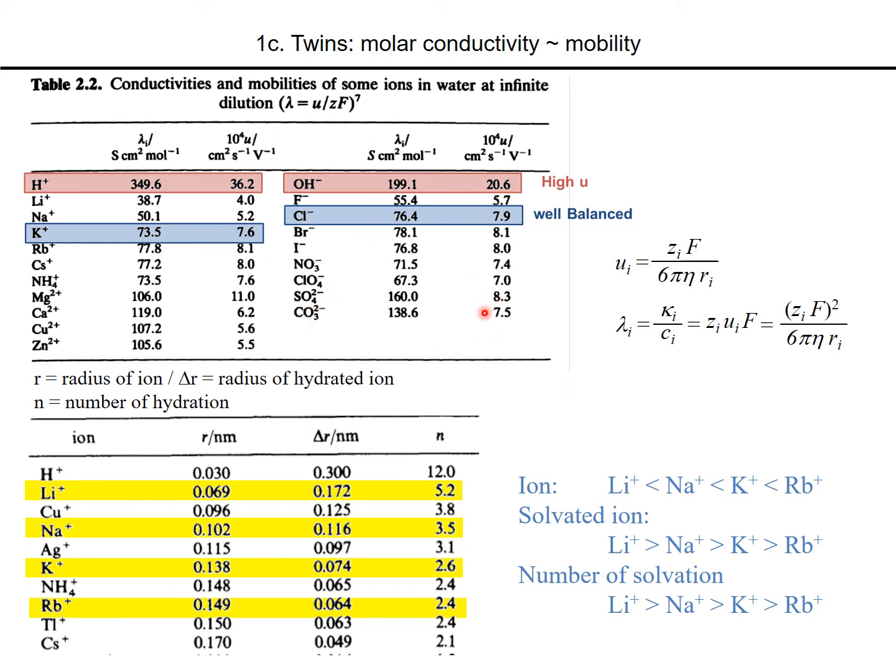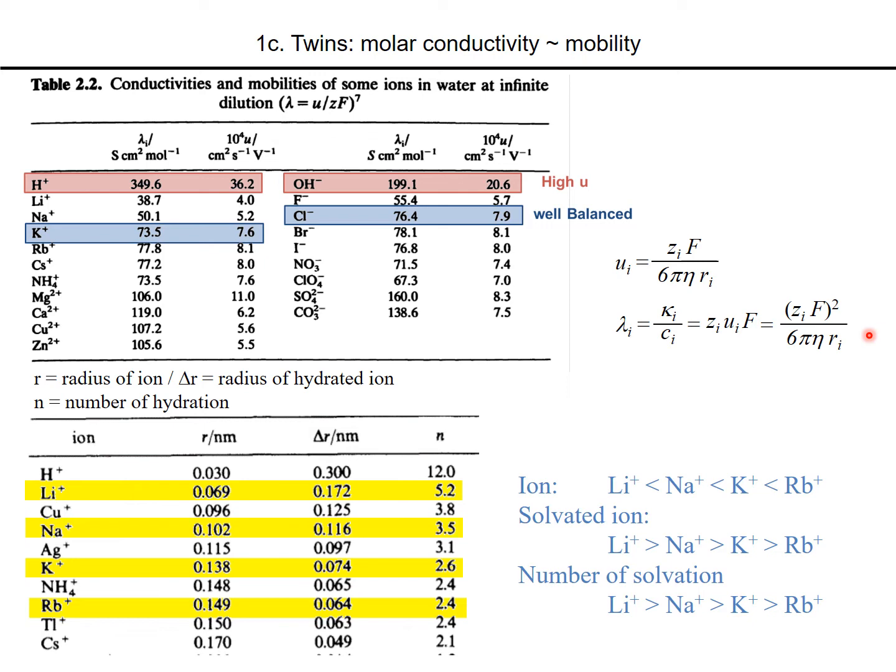Let me check the equation of mobility and the molar conductivity. Mobility is proportional to the amount of charge. However, molar conductivity is proportional to the square of the amount of charge.